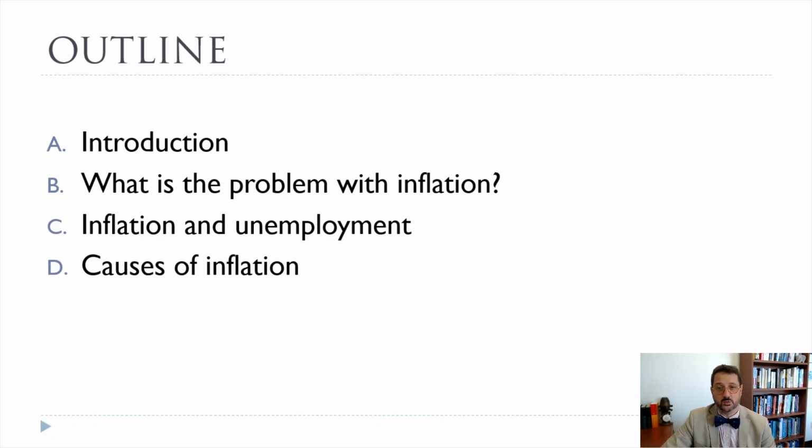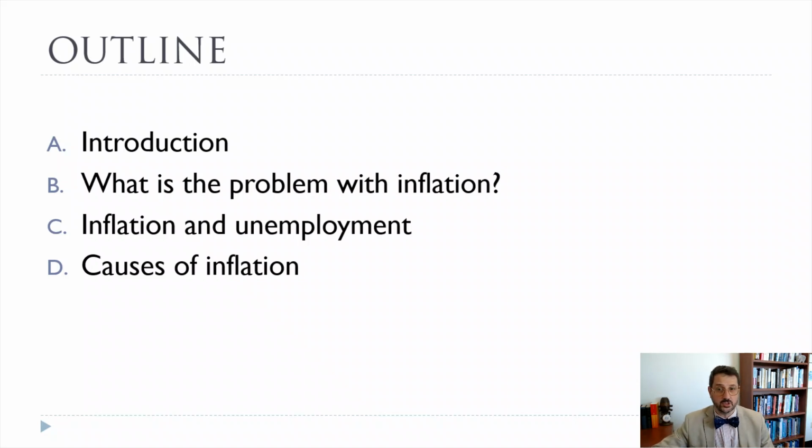But as we'll see, a little bit of inflation is actually good because it helps the general relative prices adjust, whether we're talking about wages, the price of labor, or the differences between consumer goods versus consumer services, housing versus food. All of those things need to adjust. A little bit of inflation helps that happen.